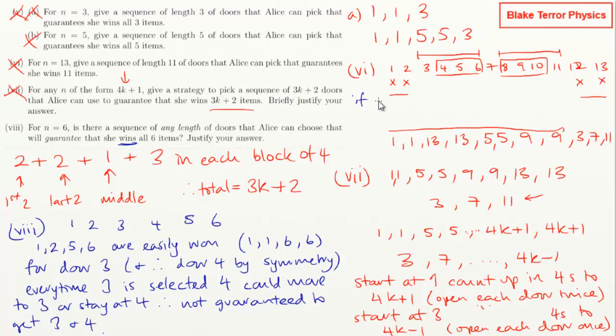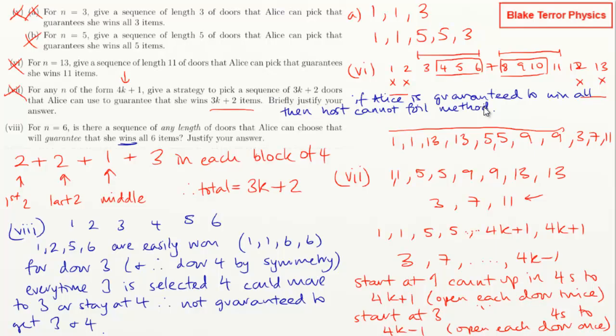So if Alice is guaranteed to win all, then the host cannot foil it. Host cannot foil the method. So he could know in advance exactly what it is that she's doing. I mean, that's another way of putting it.